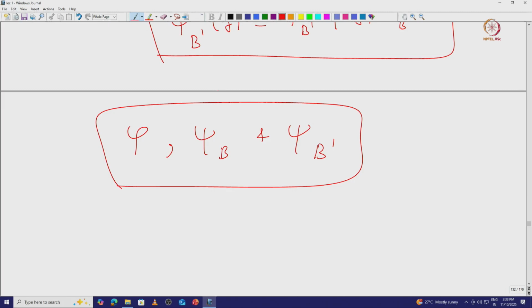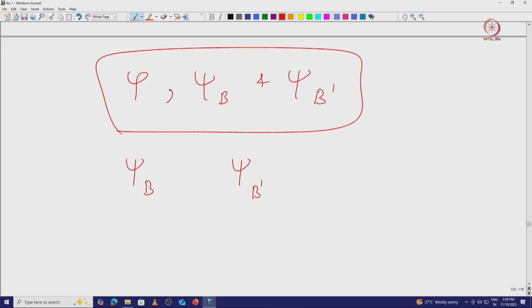If you actually think about it, this xi b and xi b dash are indeed similar, that means they are equivalent. You can just work it out that they are equivalent representations.